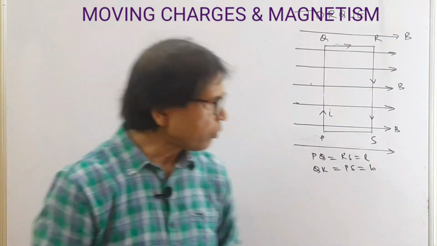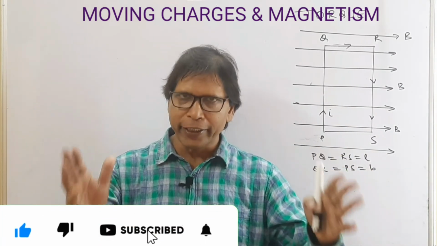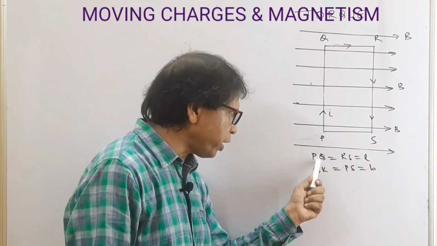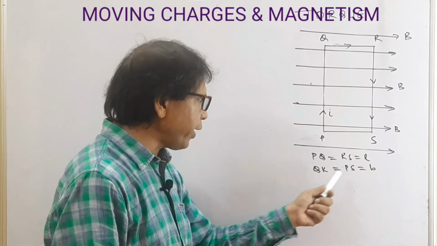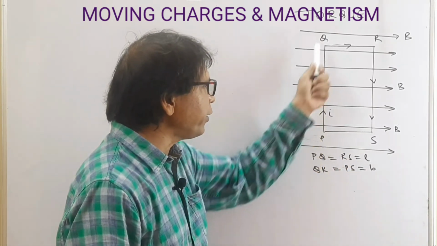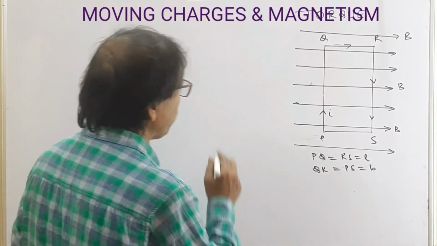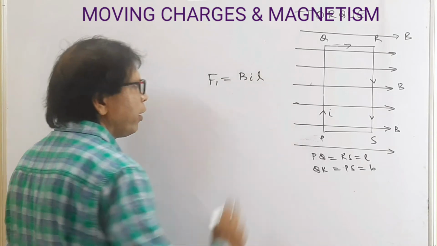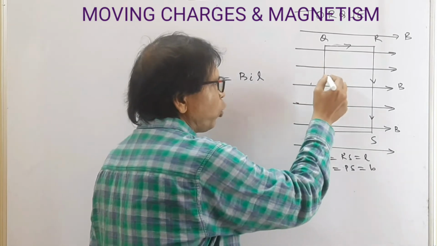Okay. Understood? Now we have to calculate the torque acting on a rectangular coil. Suppose PQRS is a rectangular coil having length PQ equal to RS equal to L, and breadth QR equal to PS equal to B. Current in this coil is I. Now look at this, the force experienced by PQ in this magnetic field is BIL, and according to Fleming's left hand rule, this force is directed inwardly.